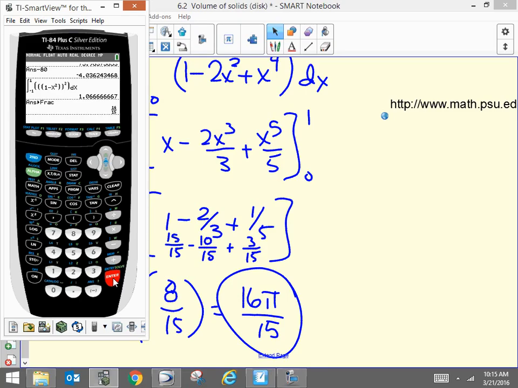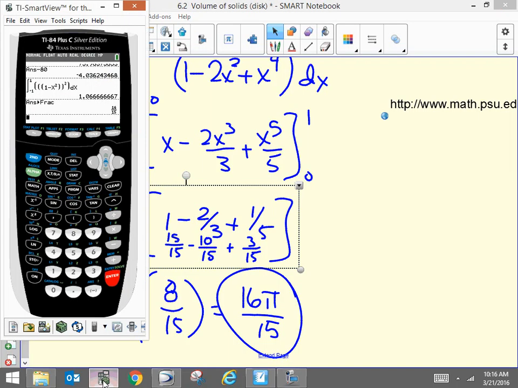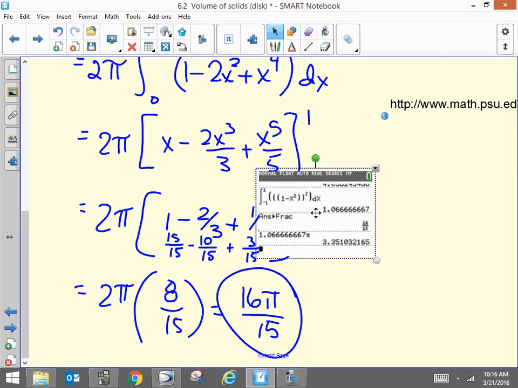Don't even put your pi in there until the end. Sometimes, if it's a free response and you're going to multiply this together, you're going to use the 1.06666, it's okay to put the pi in there, especially if you have a habit of forgetting your pi. Then go ahead and throw it in there, because on free response that's a totally acceptable answer.